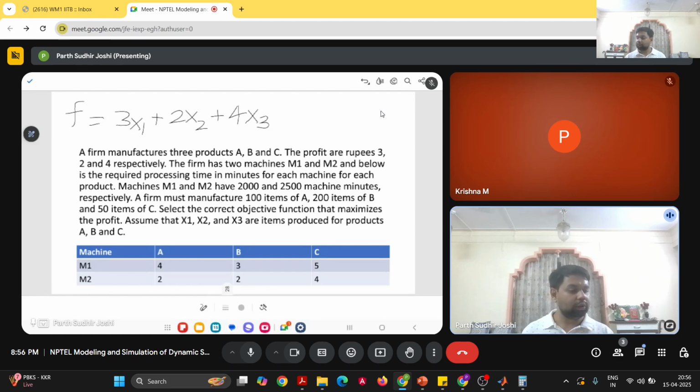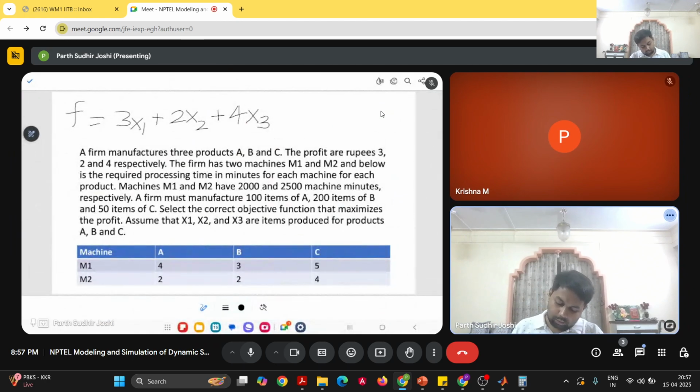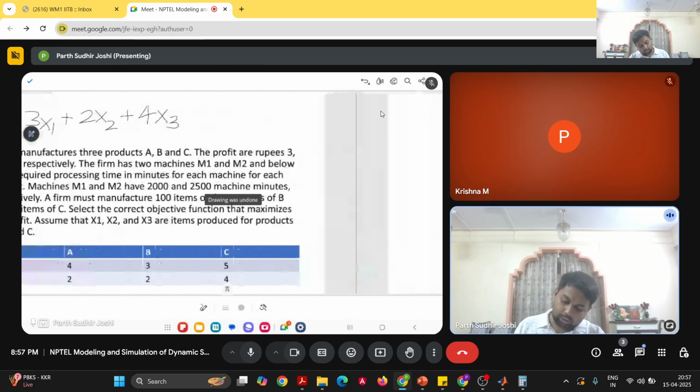So the total processing time on machine M1 will be, so the time spent in making X1 units of A will be 4 into X1. So let us write it down separately.